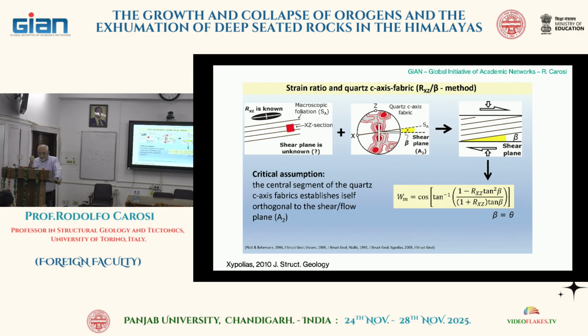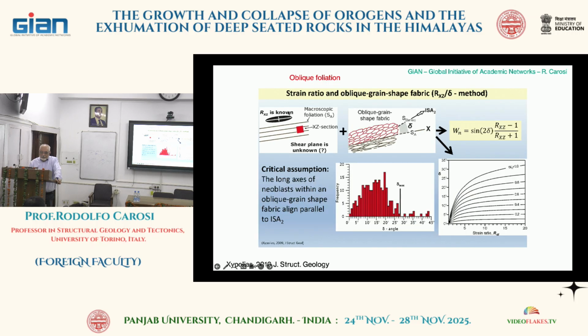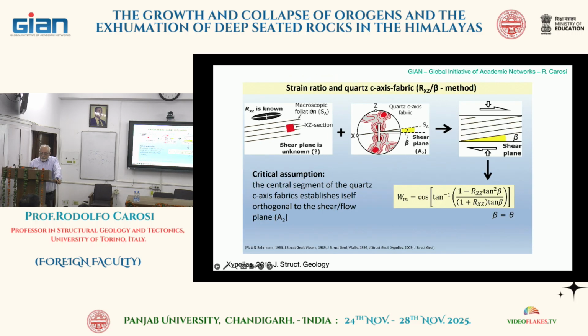Okay, if you cannot see the boundary of the shear zone, but you have deformed objects, you have the macroscopic foliation, the magmatic foliation, the amount of deformation, so you have the ratio XZ, you can gain information on the shear plane using the c-axis of quartz.